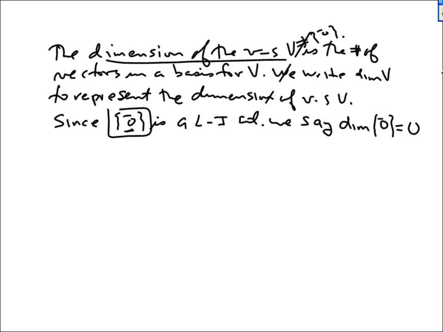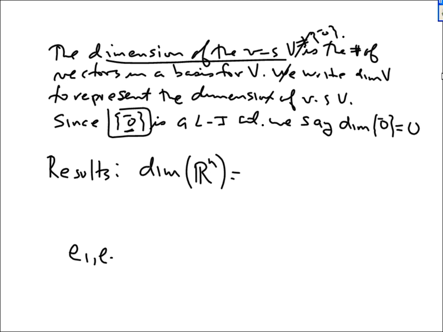So some immediate results will be the following. The dimension of Rn. Well, one basis for Rn is e1, e2, up to en.